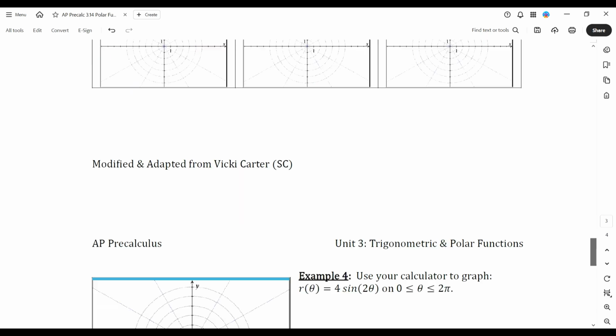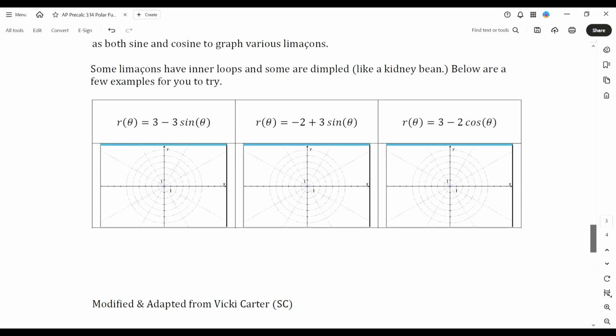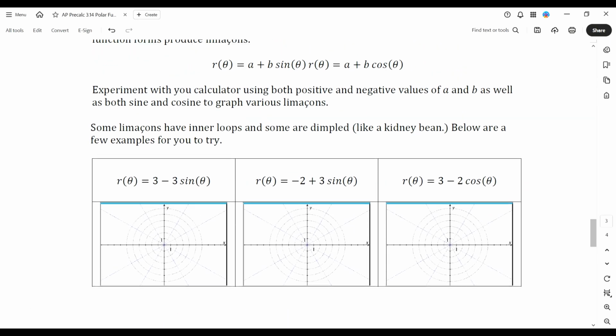Don't we have a fourth example? Oh yes, we do. All right, so here are some limaçons. Some limaçons have the inner loop. Some have a dimple. The dimple is like the cardioid part. So 3 minus 3 sine of theta is going to go out to 6, and it's going to open down.